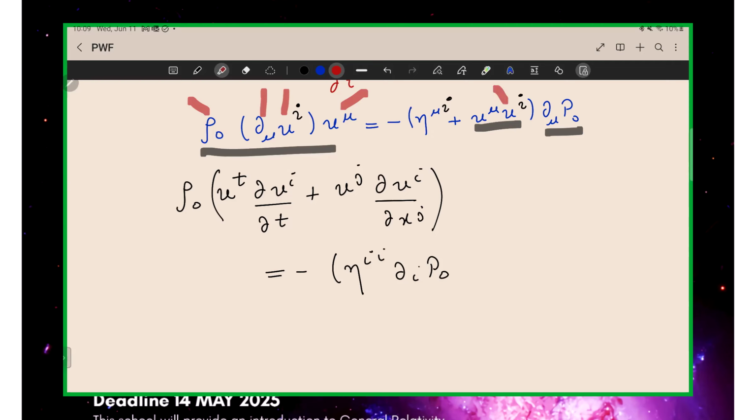Here you have u i, u mu, a derivative and pressure. So magnitude-wise, the only difference is between rho naught and pressure. So you can drop the term that you will get if you multiply these two terms. That's why I will not write that term. The only term that comes is this one, and let me bring it here.